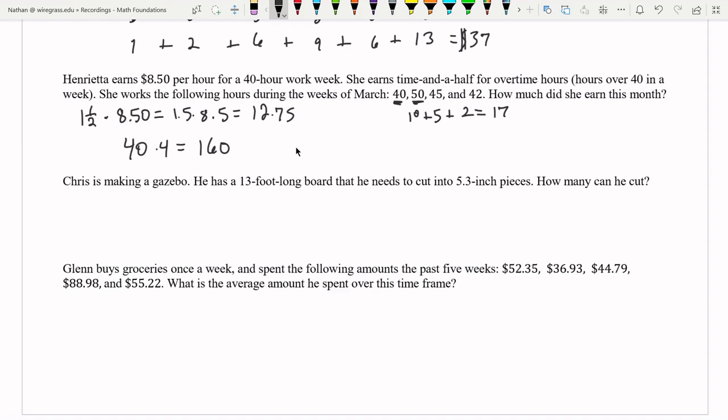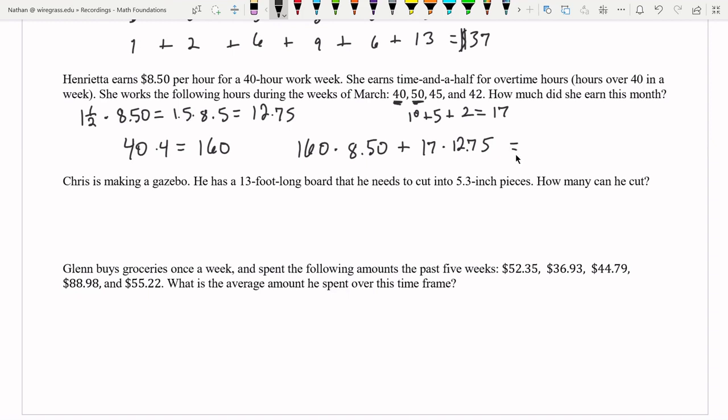So her total that she earned in the month of March is going to be 160 normal hours, and each one of these is going to earn her $8.50 per hour. We're going to add that on to the 17 overtime hours, and each one of these overtime hours earns her $12.75. And so this is her full gross paycheck for the month.